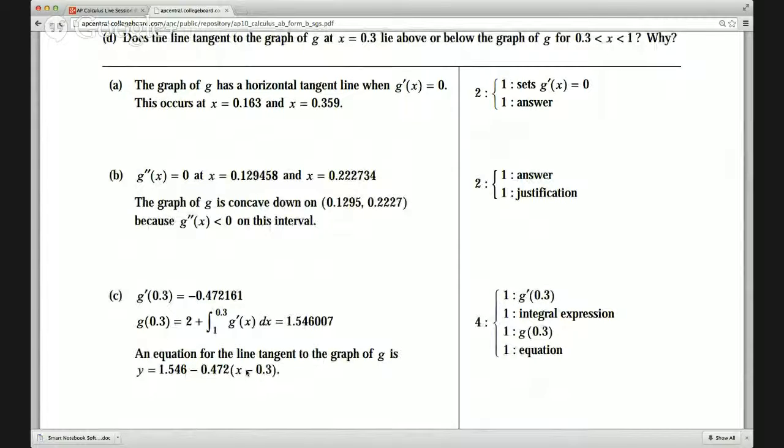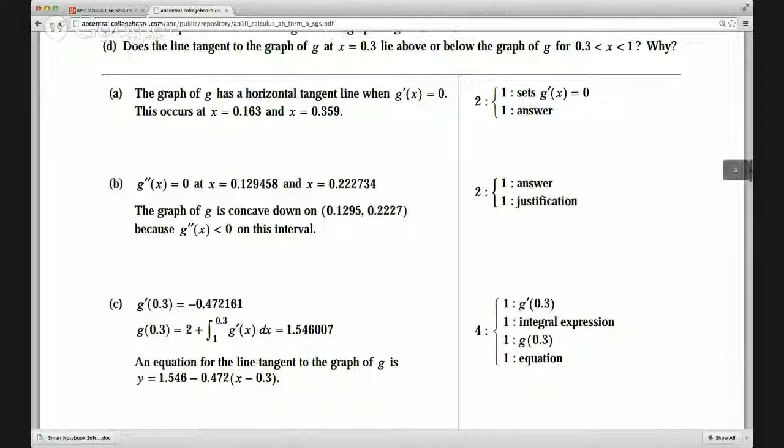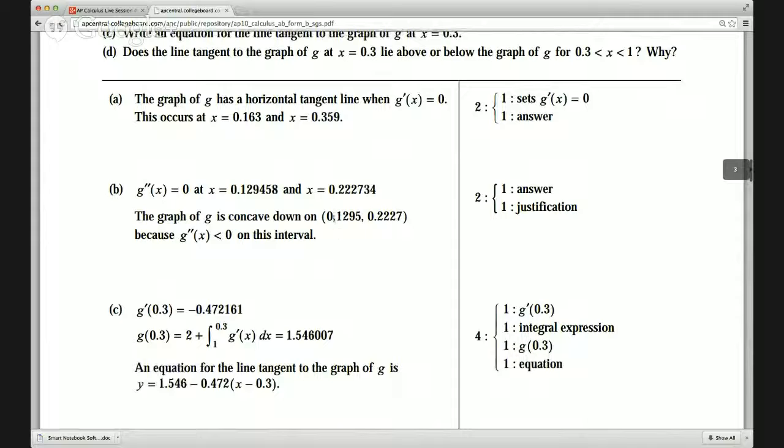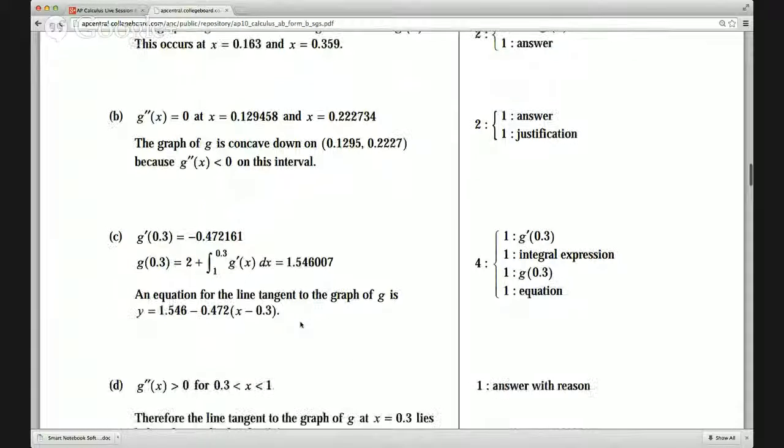When functions are concave down, the tangent lines lie above them. So all we have to determine here is whether from 0.3 to 1 it is concave up or down. We already know that it's concave down in this region, and if you still have your second derivative graph or your first derivative graph, you can just look and see, is it positive or negative?